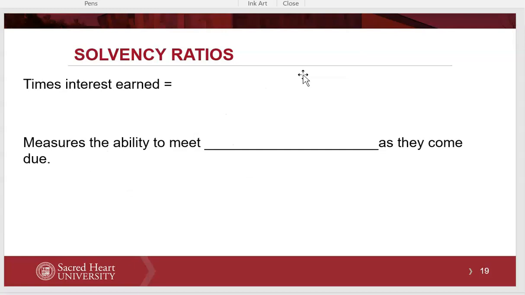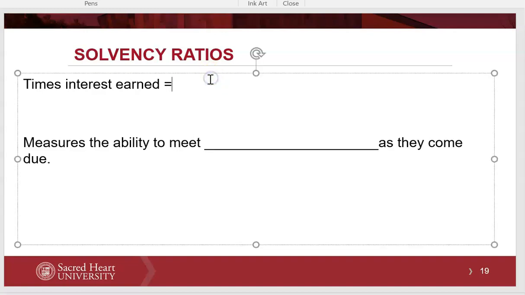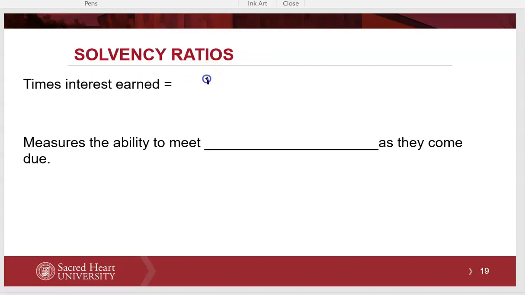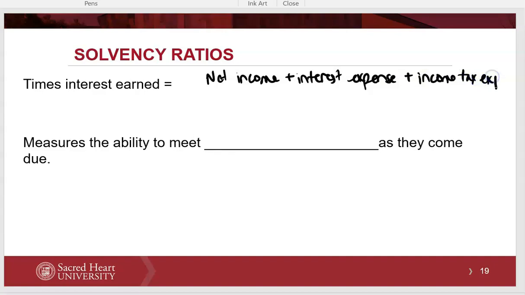And there's one more very commonly used solvency ratio called times interest earned. And this is equal to net income plus interest expense plus income tax expense. In other words, income before interest and taxes. Divide this number by interest expense.